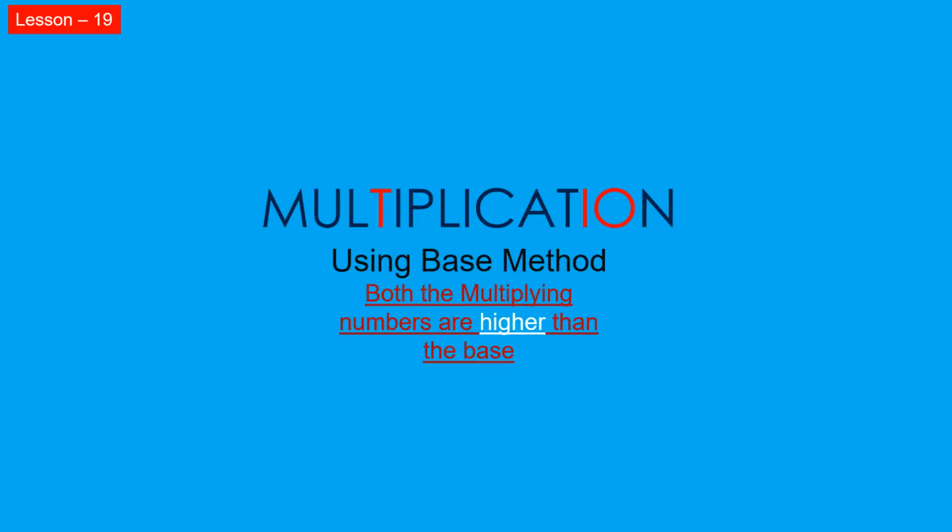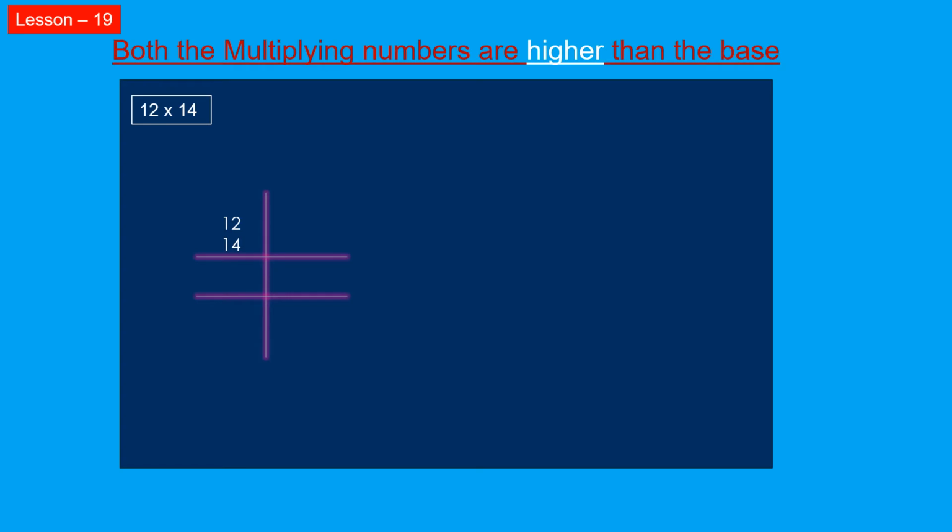Let us take a case where both the multiplying numbers are higher than the base. For example, 12 times 14. First of all you identify the base. Here 12 and 14 are close to the base 10, so our base would be 10.